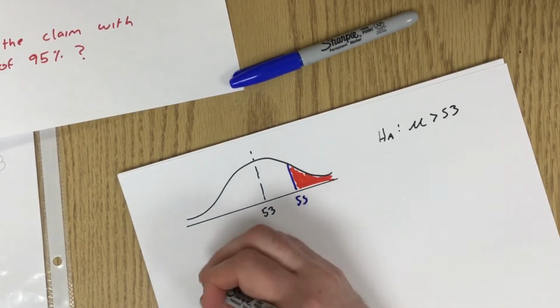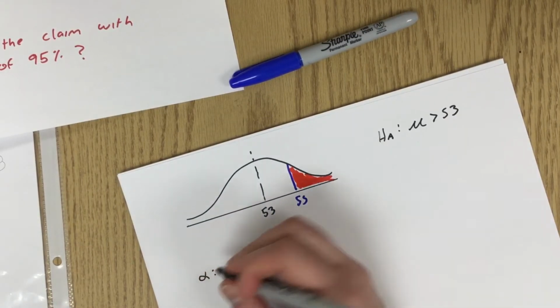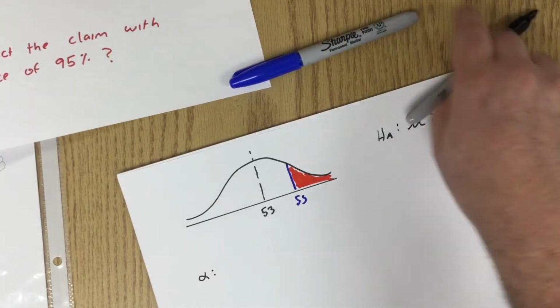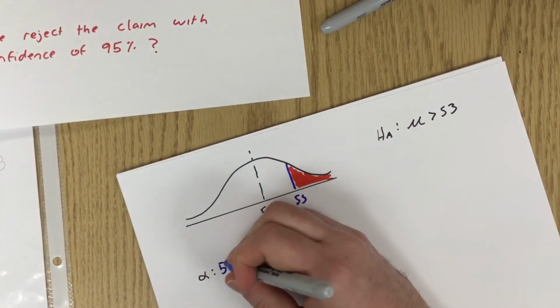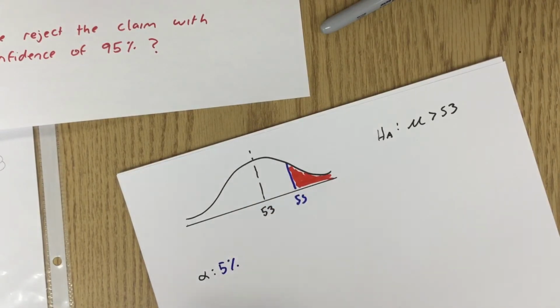Okay, so our alpha is, we want to have a confidence of 95%, so our alpha is 5%.